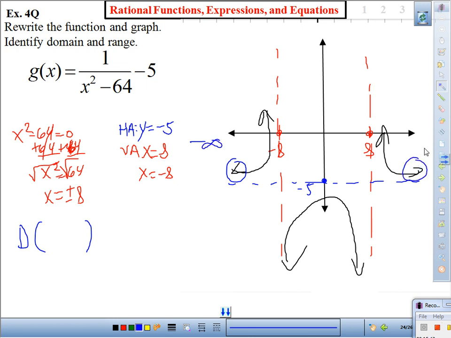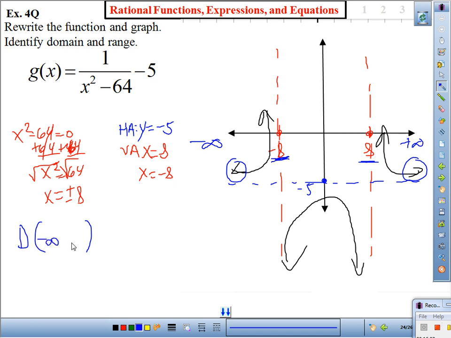This arrow is pointing to the right, which means it's going to go to what? Positive infinity. But also, do we include the values for this graph? Yes, everything in between. Which are the only x values we exclude? Negative 8 and 8. Therefore, I'm going to write my domain from here to here, from here to here, and from here to here. Ready?